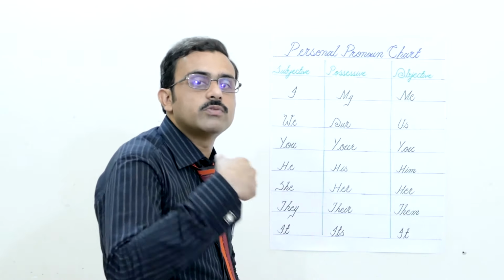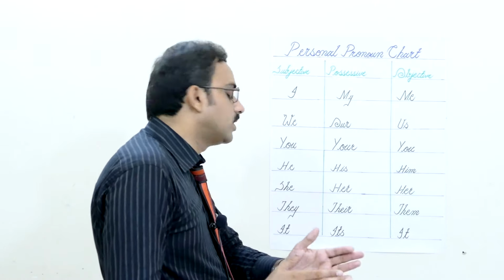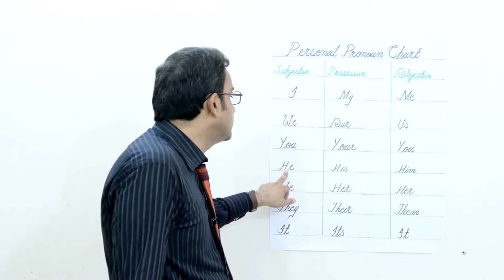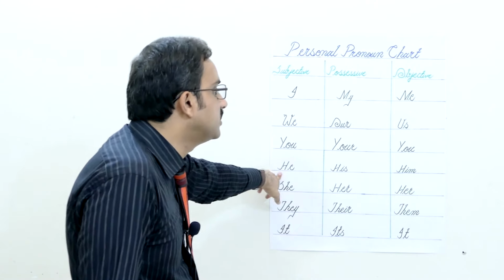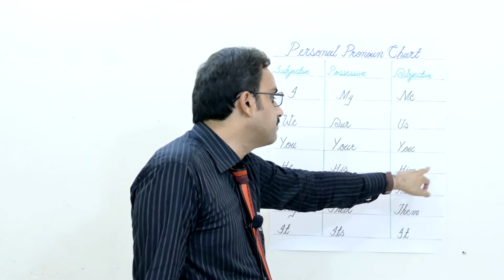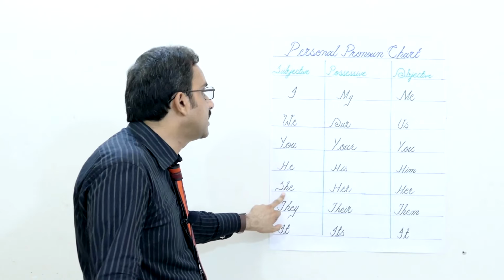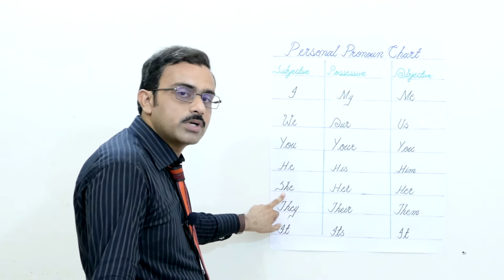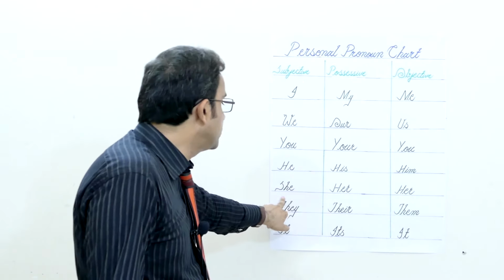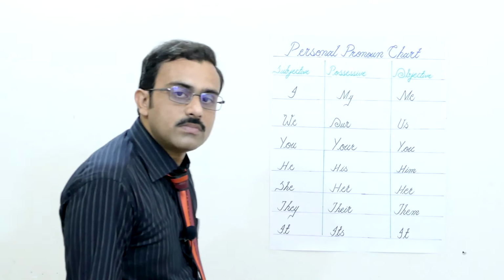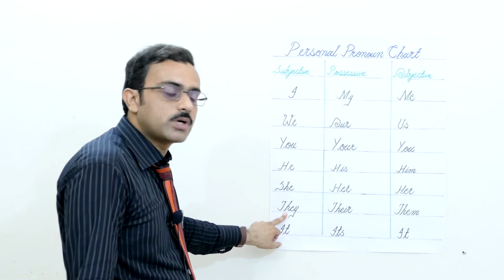When we discuss some example sentences, you will see that we change he into him. Similarly, she is the subjective case of the third person pronoun. It changes into her. She changes into her. Got that? Then they is a third person pronoun.